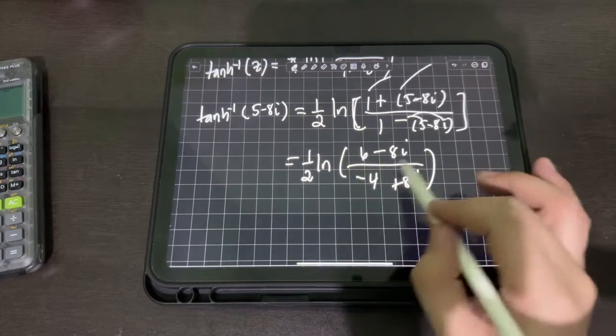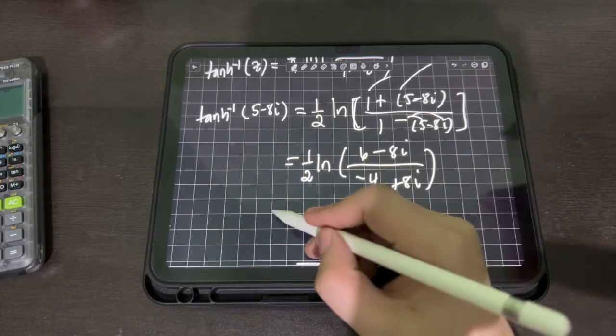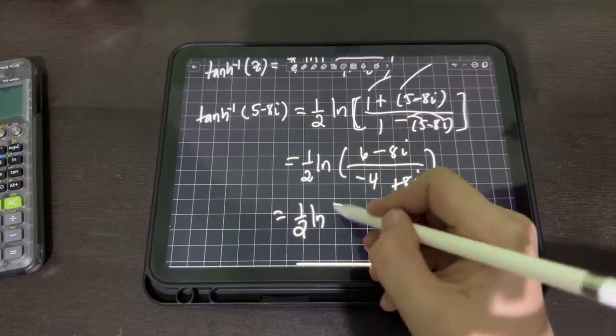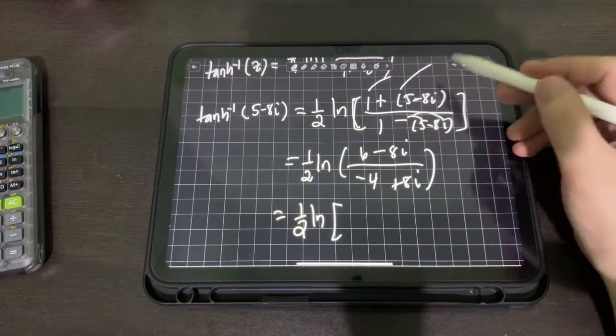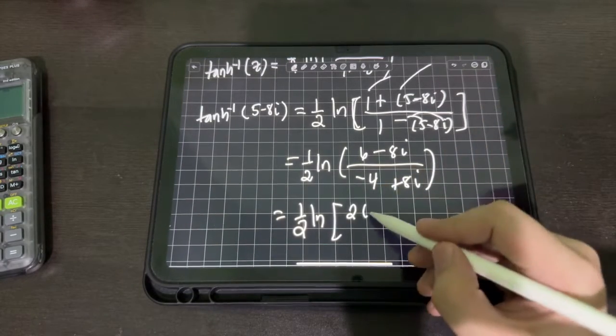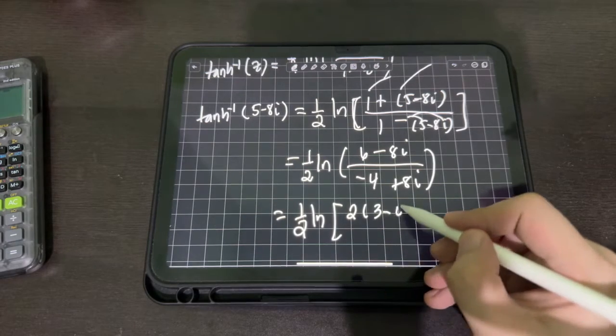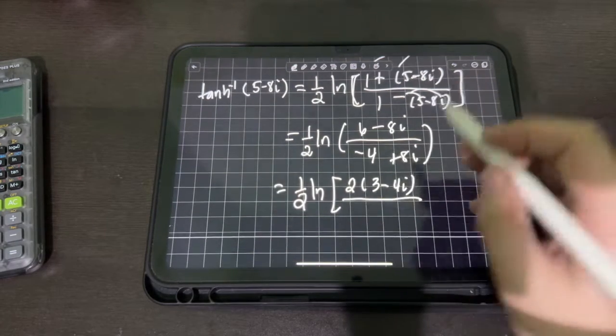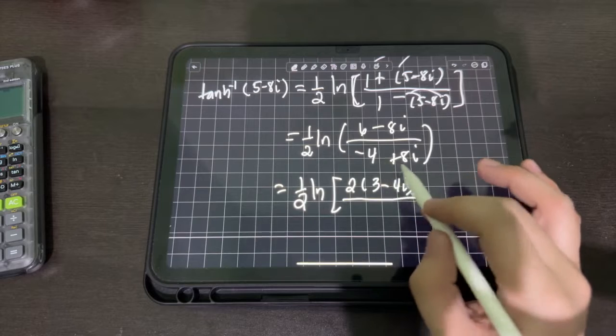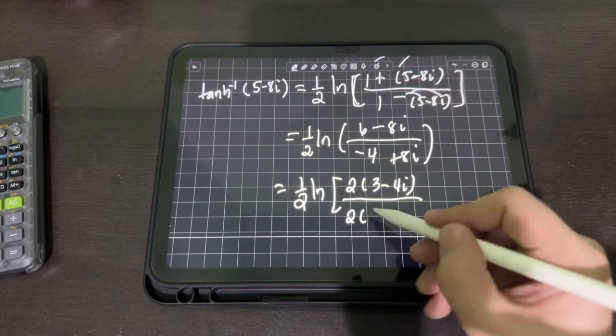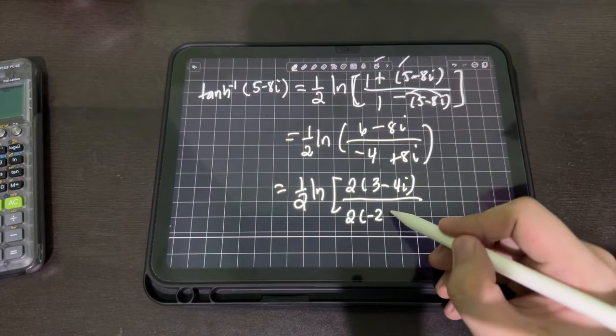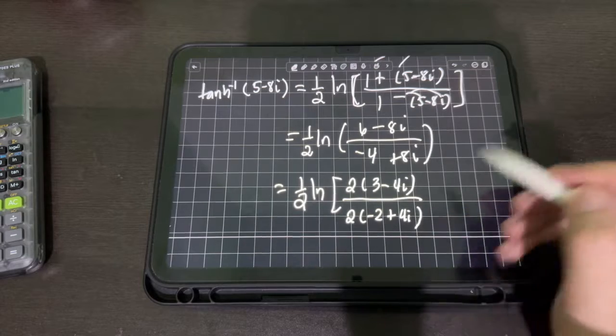Then you can factor out 2 on the numerator and denominator. Factoring out the 2 on the numerator, you have 2 times 3 minus 4i. Factoring out the 2 in the denominator, you will have 2 times negative 2 plus 4i.